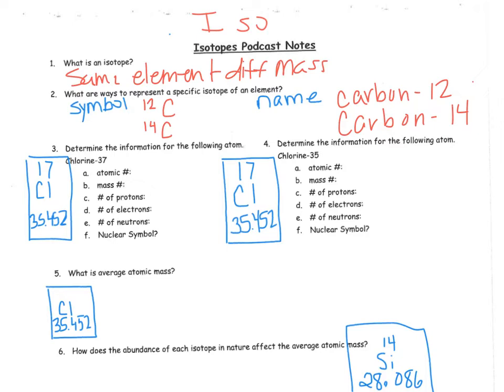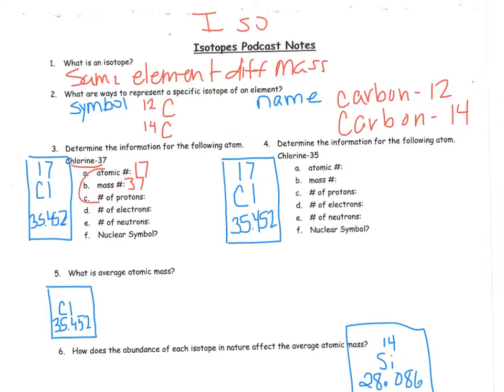Okay, so how do we determine information based on the isotope? Here you have in number 3 and 4, two different isotopes of chlorine. I want you to determine the information about chlorine 37 and chlorine 35. When you're looking at it on the periodic table, the atomic number for chlorine is 17. This has chlorine 37, so its mass number is 37. The number of protons equal the atomic number.